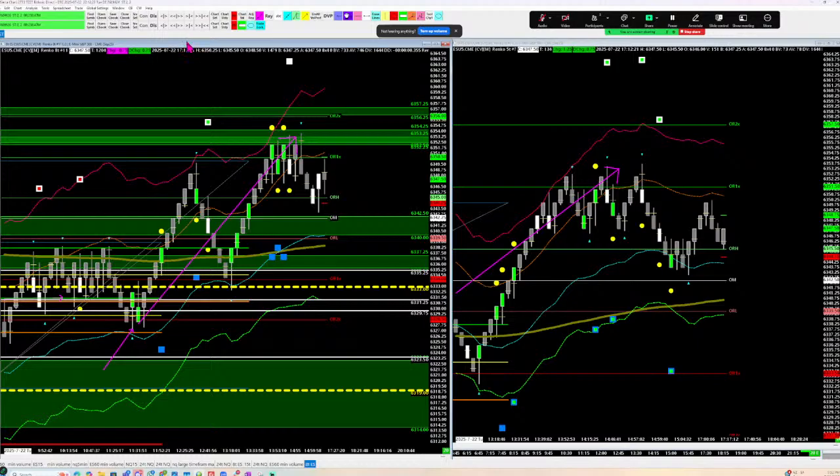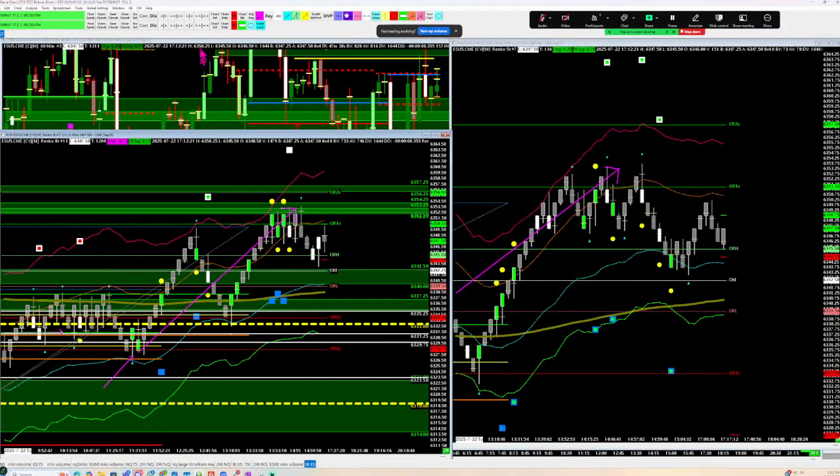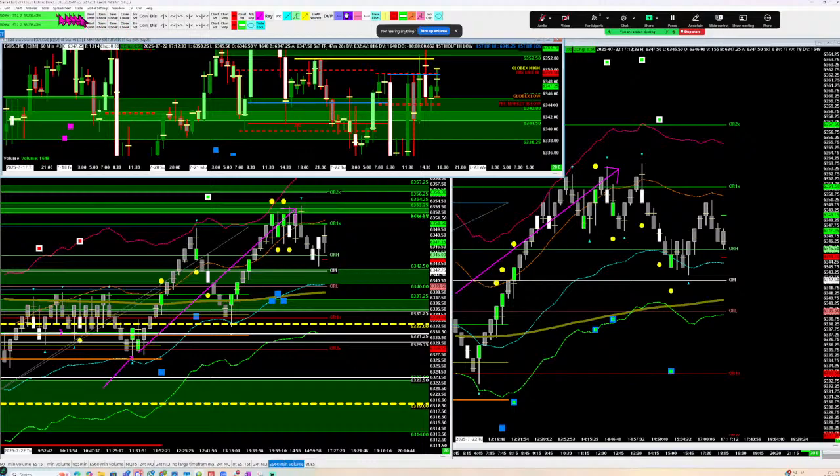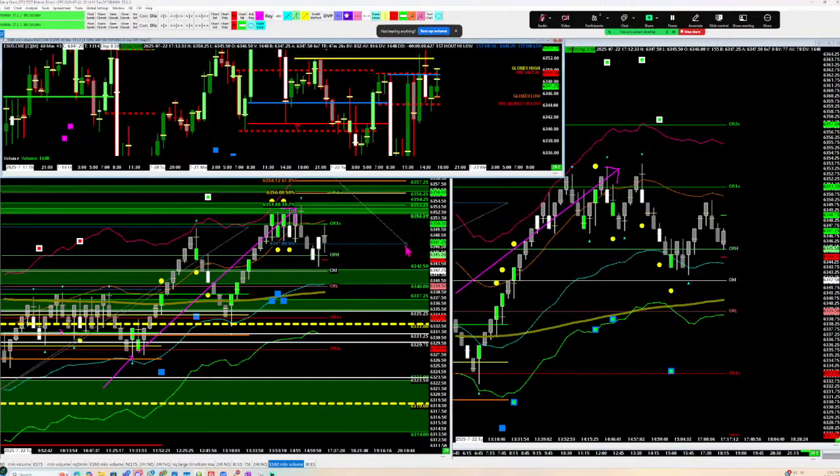going to erase our levels off the hourly. And now I'm going to show you something that has absolutely nothing to do with, why do I still have this? There must be another hourly chart.